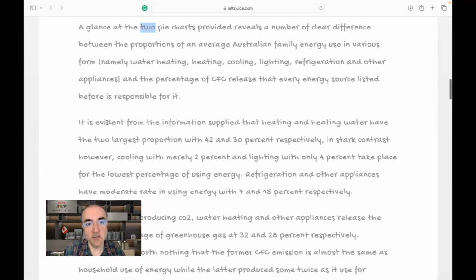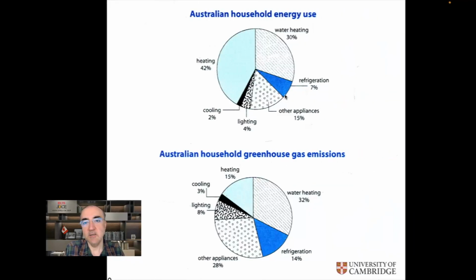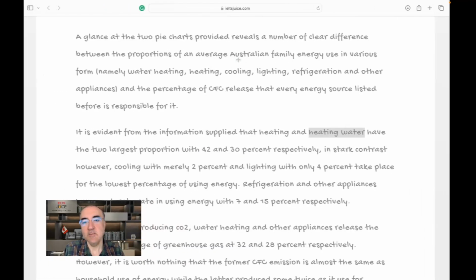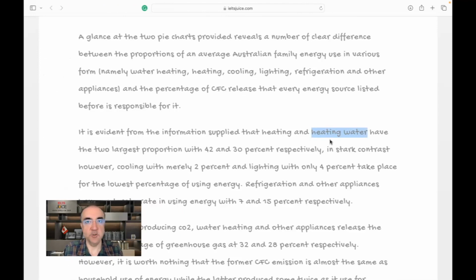It is evident, I like that, from the information supplied, this is very good grammar, that heating water, it is actually, let me see, it's actually water heating, but that is not a factual mistake. Have the two largest proportions with 42 and 30% respectively.